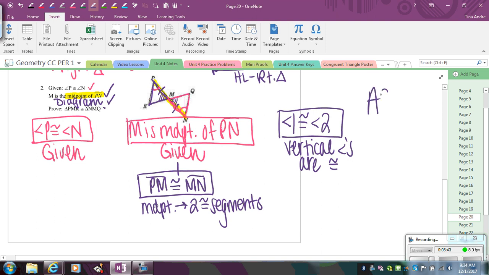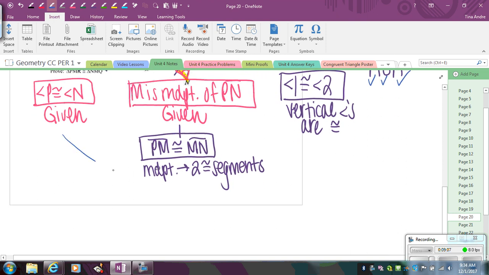So that means my theorem I'm going to use is angle, side, angle to prove that the triangles are congruent, which means I'm going to make sure I have all of this stuff mentioned in my proof. So if I look, I have a set of angles, I have the side between them, and I have the other set of angles. So by angle, side, angle, I can say that my two triangles are congruent.